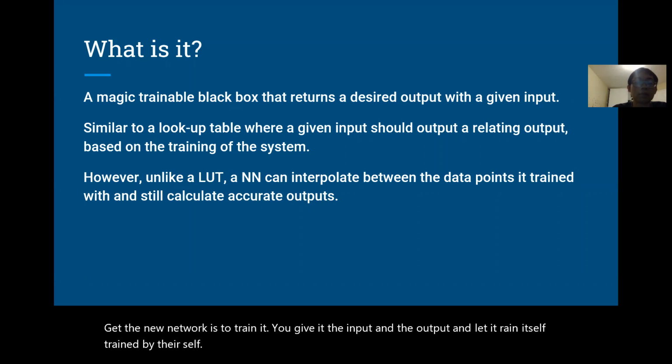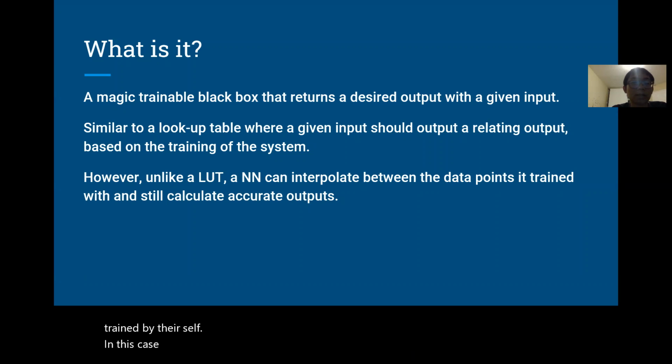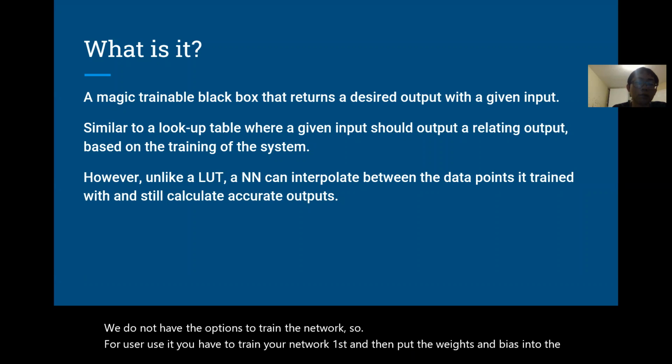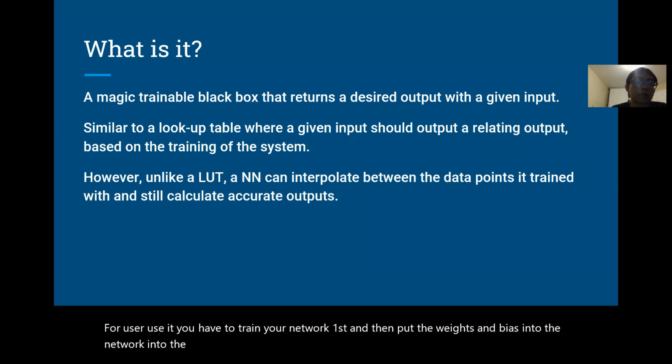In this case, the neural network that we designed and put on the chip is only the feed-forward part, and we do not have the option to train the network. So for the user to use it, you have to train your network first, and then put the weights and the bias into the chip, and then the chip will act like the black box that I just mentioned.